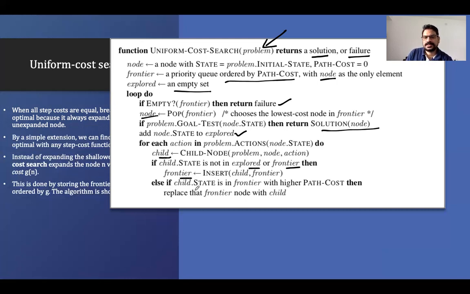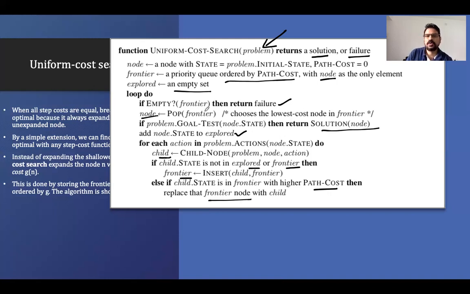Else, if that particular child that I have just explored is already in the frontier list, then I'll see whether the path cost is higher or not. If the previous frontier node's path cost is high, then I'll replace it with the node I have just explored as a child, because I found the lower path cost.